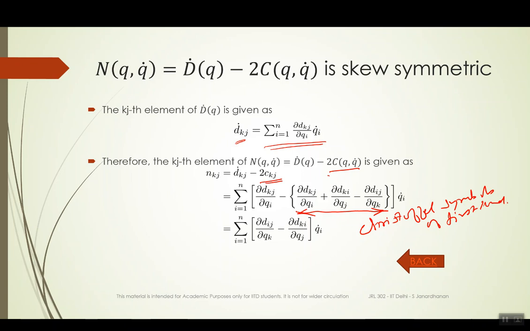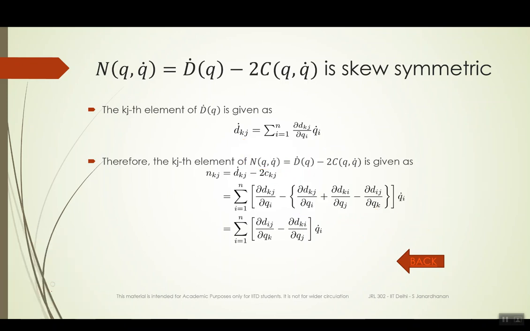So this is c_ijk, and from that you can get the Coriolis matrix, and when you compute the kj-th element of this difference, you end up with this equation.